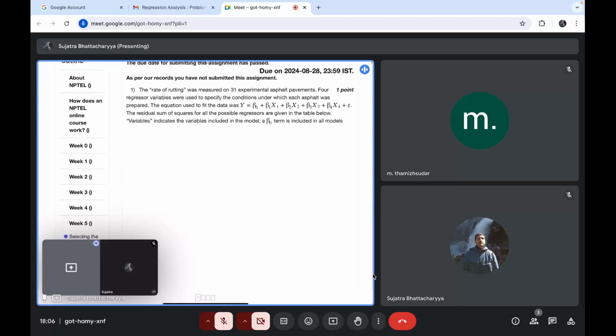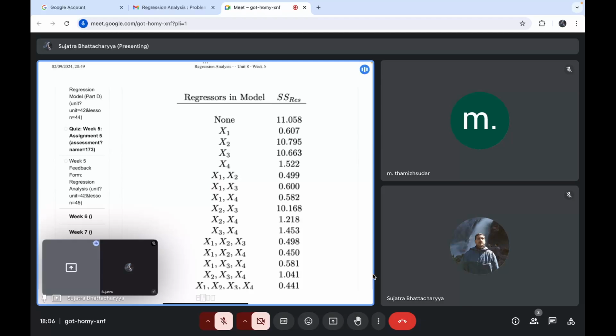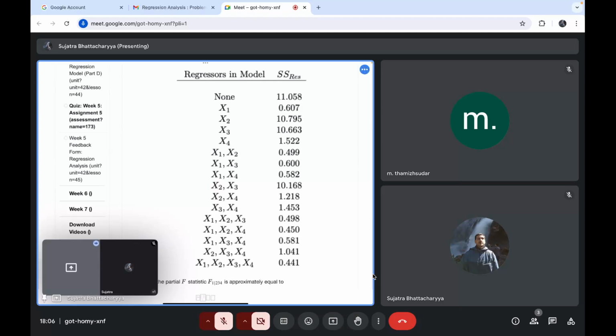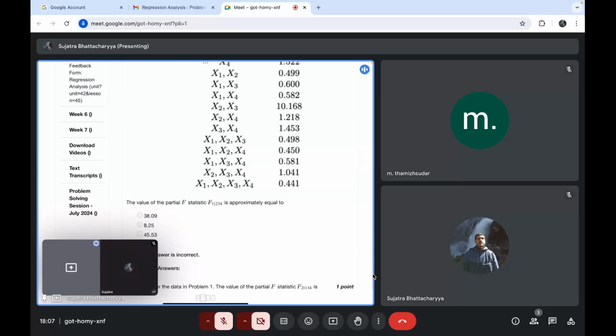So there are five unknown parameters: beta naught, beta 1, beta 2, beta 3, and beta 4. The SS residual, the sum of square residual, is given for each and every combination of models. Four regressors, 16 combinations, 2 to the power 4. We have seen that in the earlier classes.